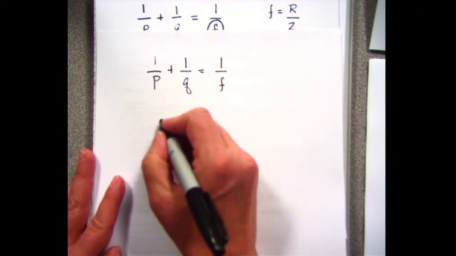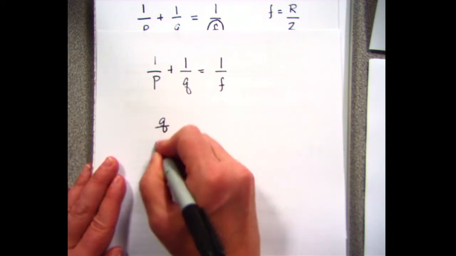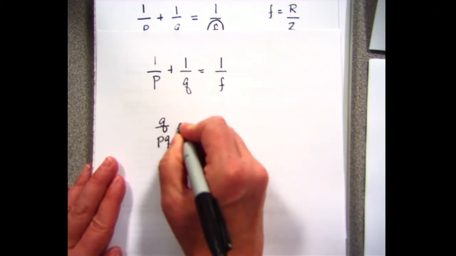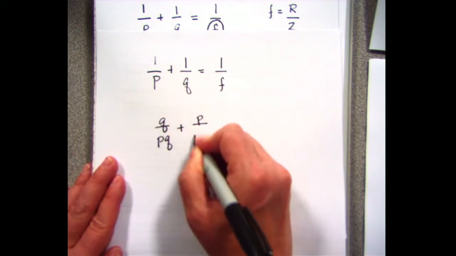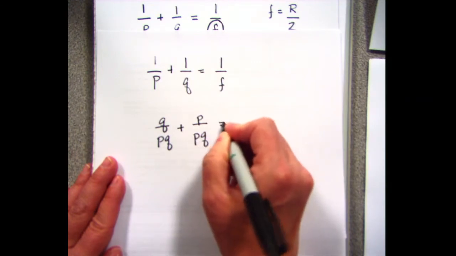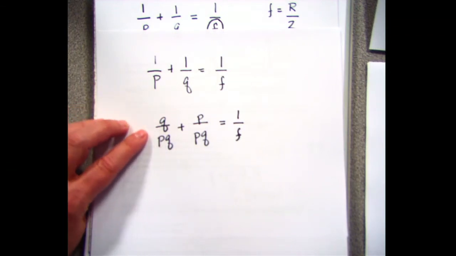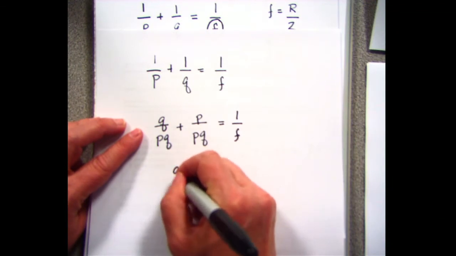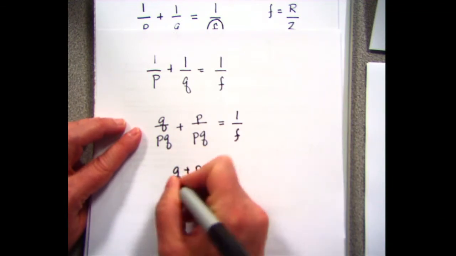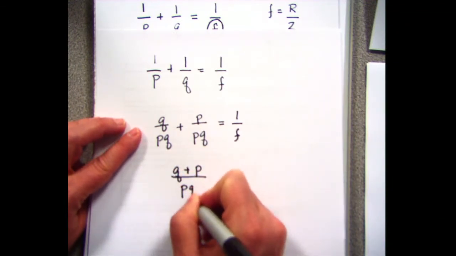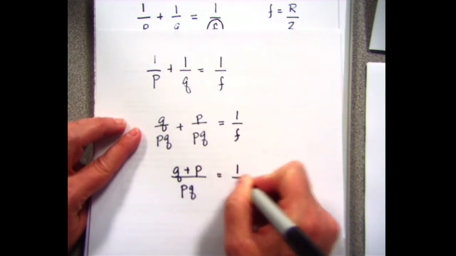So Q over PQ plus P over PQ is equal to 1 over F. All I did is multiply by 1 to get my lowest common denominator, which is going to be P times Q. So now I get Q plus P divided by PQ is equal to 1 over F.